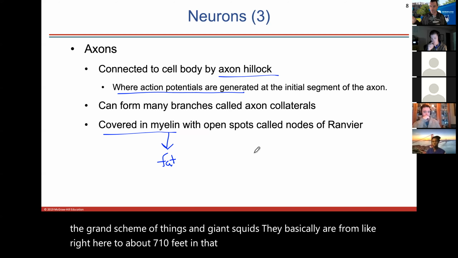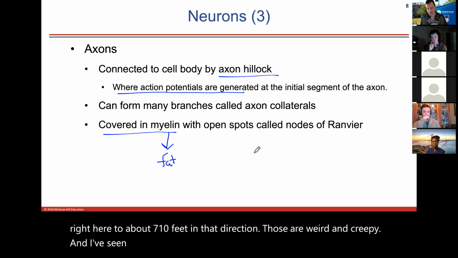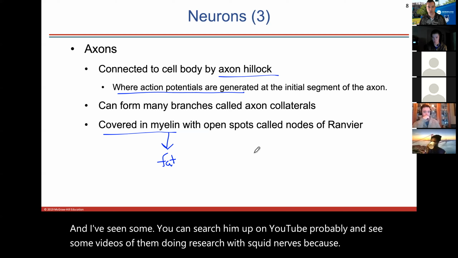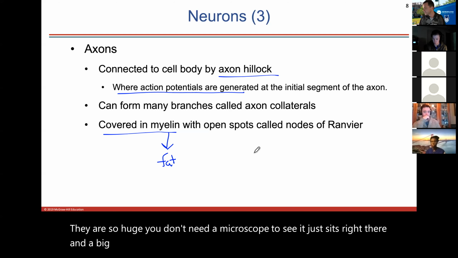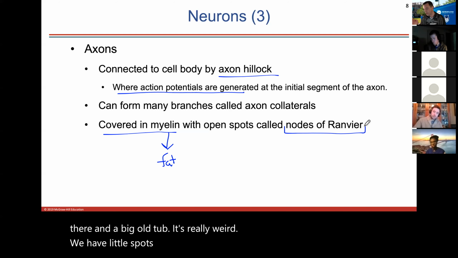Those are weird and creepy. You can probably search YouTube and see videos of people doing research with squid nerves because they are so huge. You don't need a microscope to see it. It just sits right there in a big old tub.